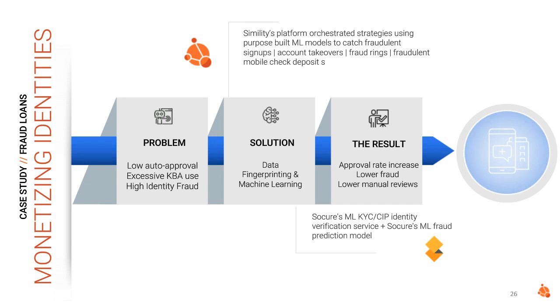What we found is that the combination of Simility's machine learning capabilities and all the modeling they've done with the customer data, in combination with what we've been able to do with the identity, has massively improved the automation and efficiency for this customer's origination use case.